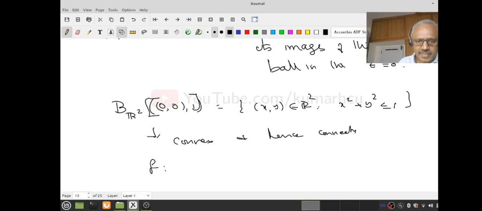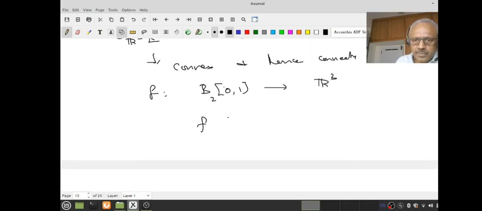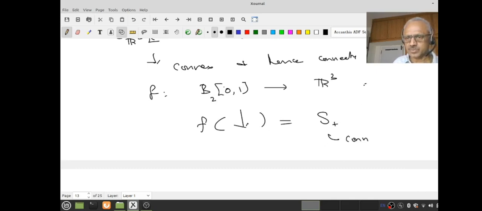So if I find a continuous map which maps, let me simply write it as f from R2 to R3, so that the image of f equals S plus, then I know this will be connected, provided the map is continuous.